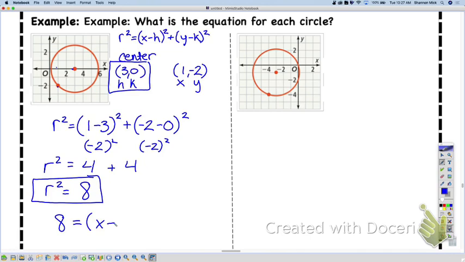You've labeled it right there. Minus 3, parentheses, squared, plus Y minus 0, squared.